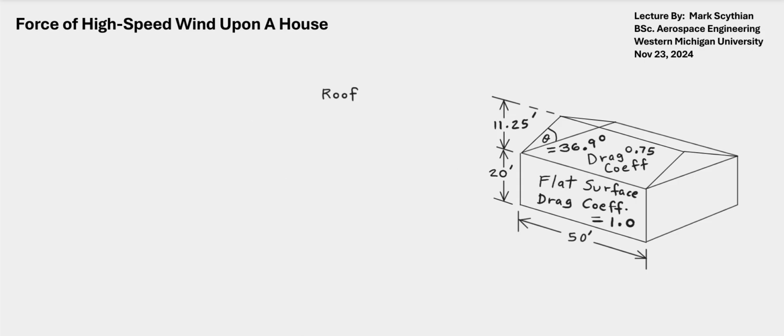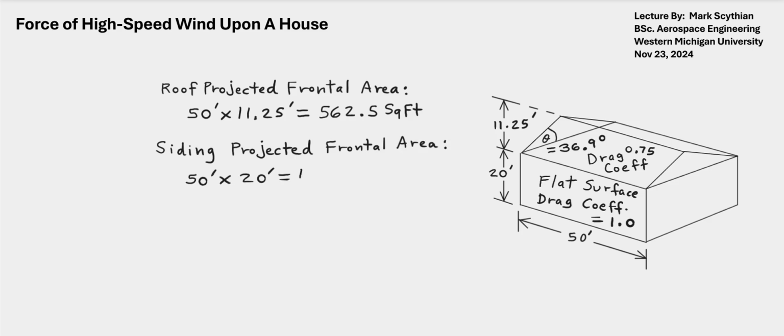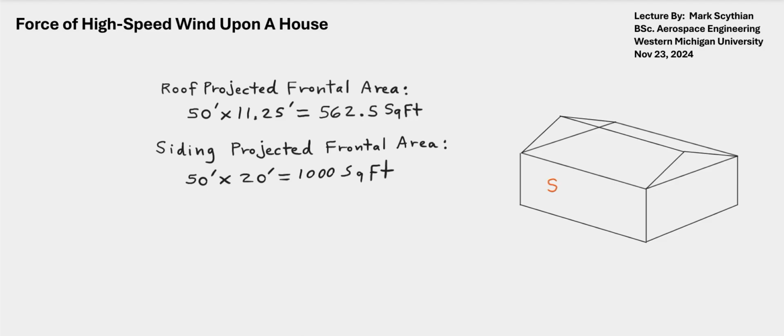So we'll assume the wind is blowing towards the illustrated roof and siding regions. We just want to get the square footage of both the roof and the flat surface as the projected frontal area, and the angle on the pitched roof will then change the drag coefficient lower than the flat surface or siding.